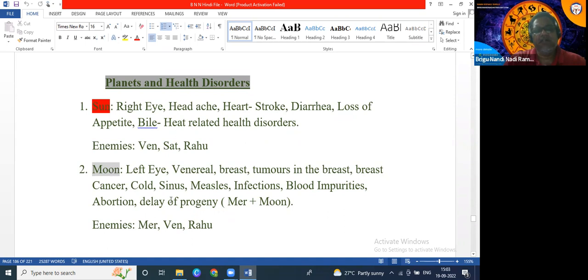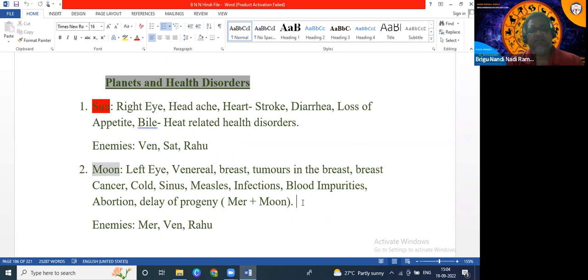So suppose Moon is with Mercury or Venus or Rahu, the native will have left eye related problems, venereal diseases, because Venus and Moon, Moon and Rahu, generally the native will have illicit affairs, so he may get some venereal diseases. And Moon is breast, so breast cancer and tumors in the breast.